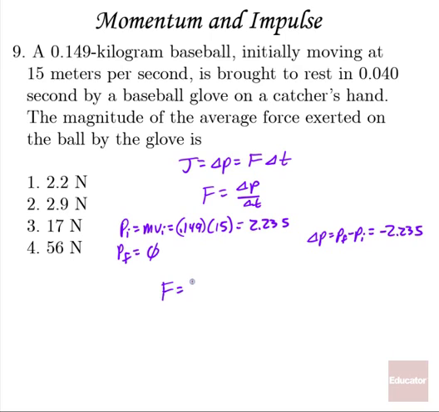So the force is delta P over delta T, or negative 2.235 kilogram meters per second over our time, which was .04 seconds. So that will give me about negative 56 newtons. But because we're only looking for the magnitude, correct answer, 56 newtons.